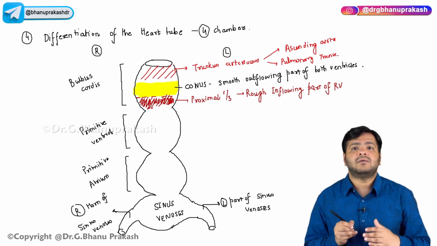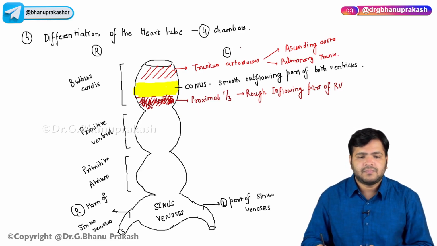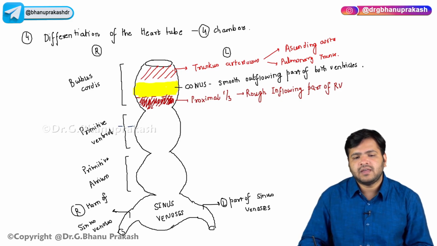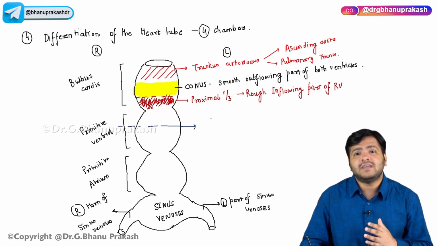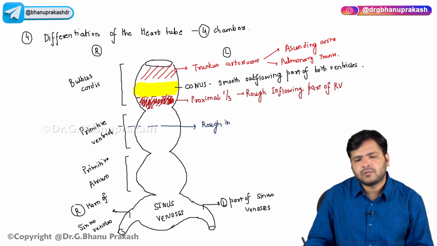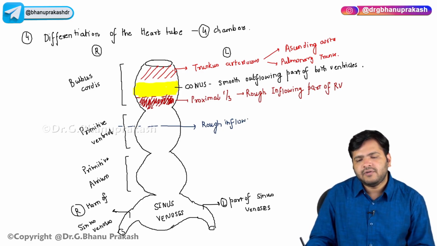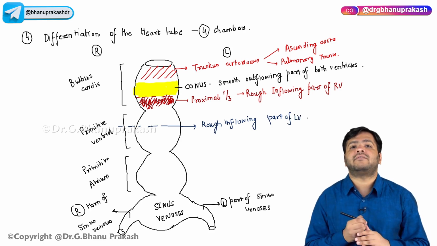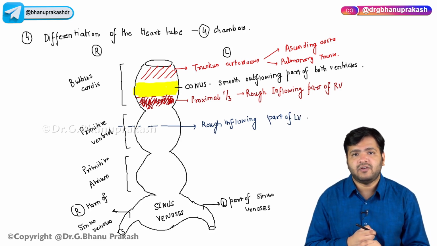The primitive ventricle will give rise to the rough inflowing part of the left ventricle.